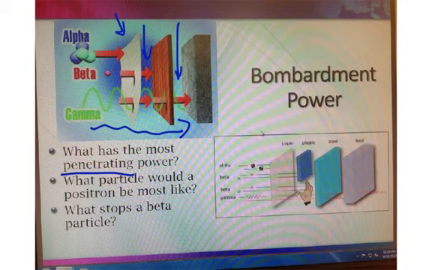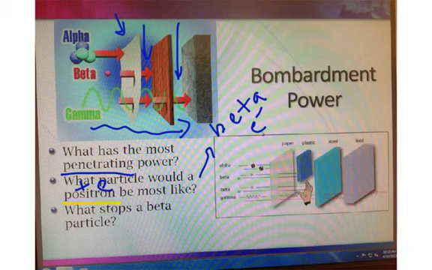Okay, another question. Which particle would the positron be most like? Well, the positron has a similar mass to what? If you think about it, it's basically the beta particle, which is your electron. Why? Because it's once again a positive electron.